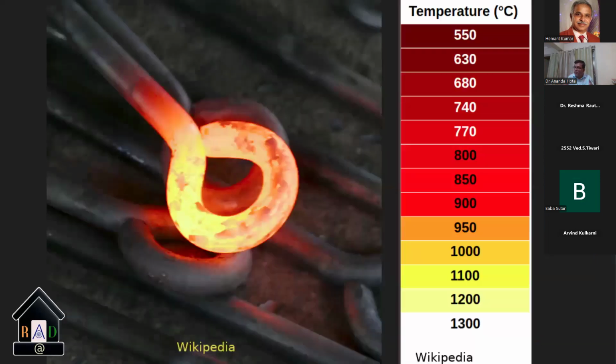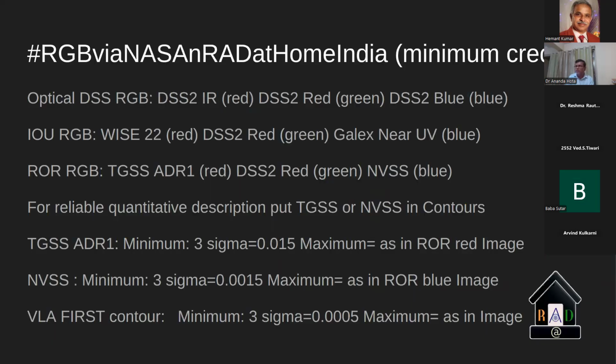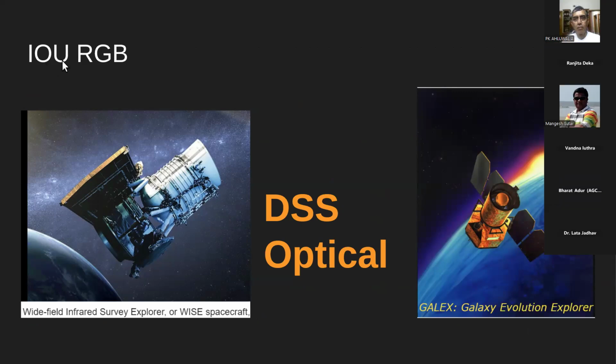Okay, I will quickly show you how we train our students to understand where is the star forming, where is the jet, where is the diffuse lobe, etc. So what we train our students is to understand the infrared, optical, UV images. An infrared telescope called WISE, a space telescope by NASA.